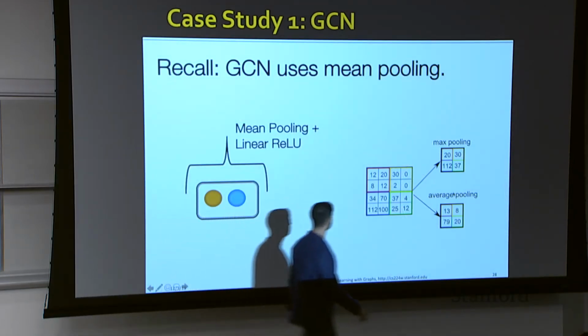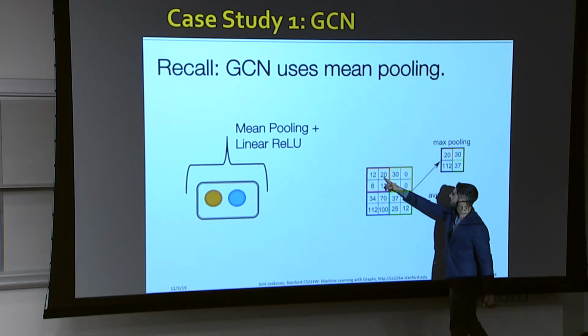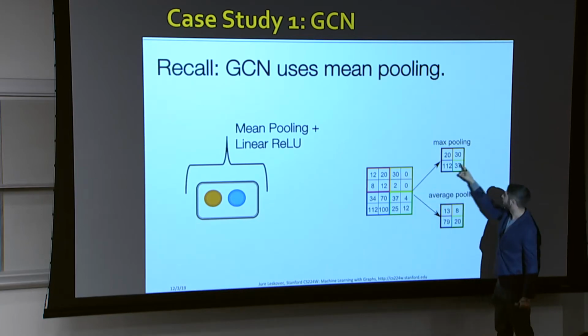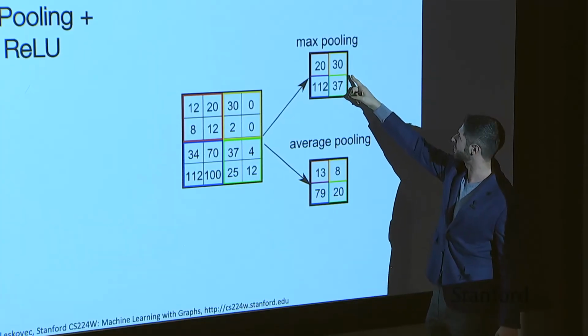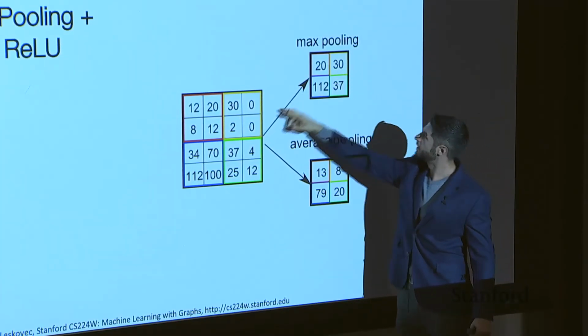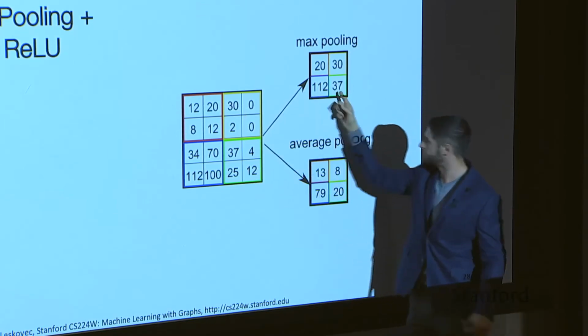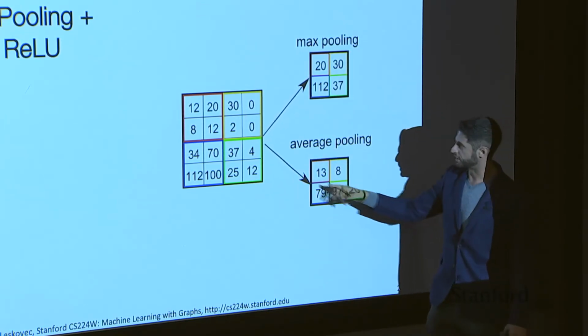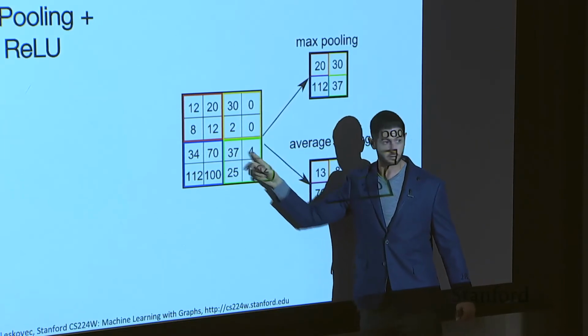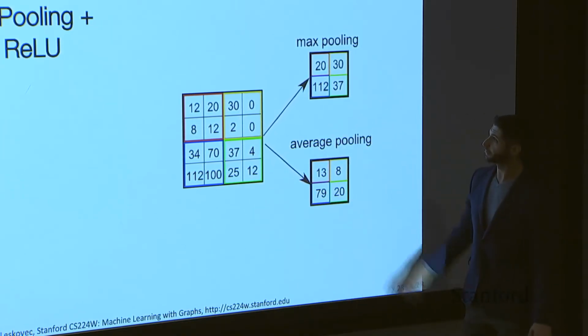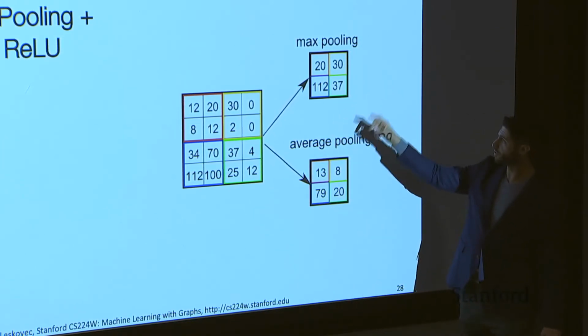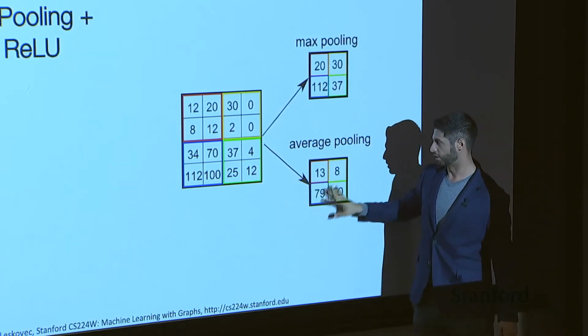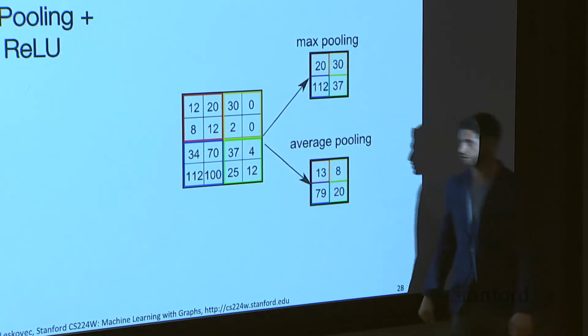With max pooling, we take the max component per each submatrix of that matrix. So you have 20, 30, 112, 37. Average pooling instead takes all the components and produces the average over them, okay? So as a reminder, the GCN is using the average pooling part, all right? That's how it's going to behave.